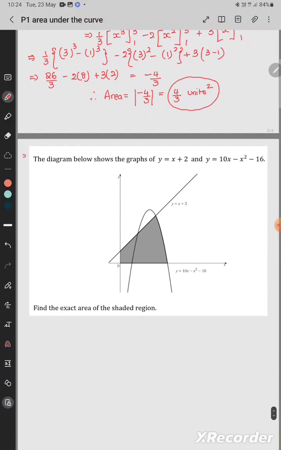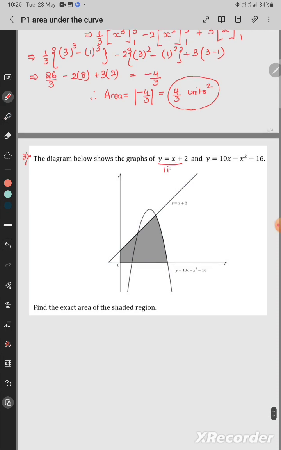Now the last question. So see, this time we are given two equations. One equation of a line. As we can see in the diagram, there is a line and there is a curve. Right? So here y equals x plus 2. Naturally, this is the equation of the line.